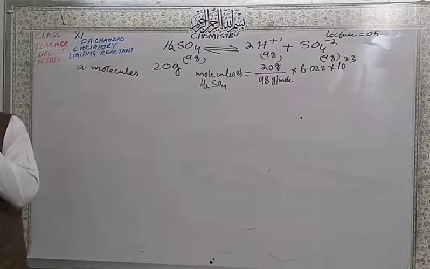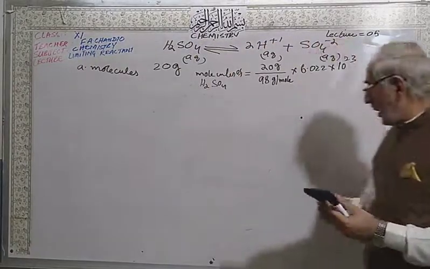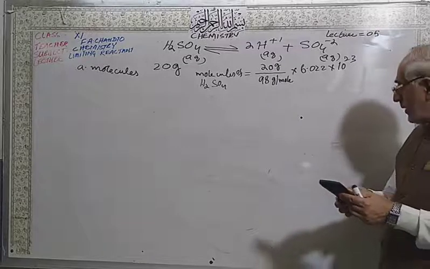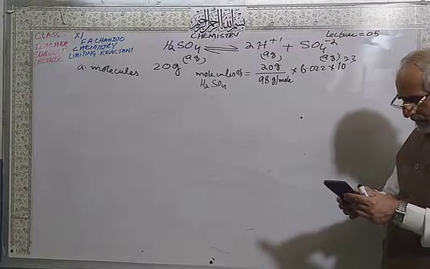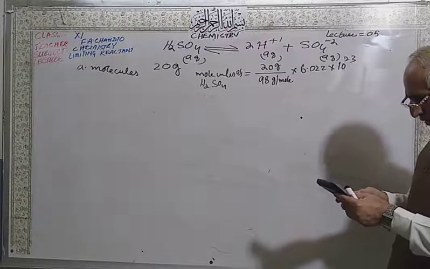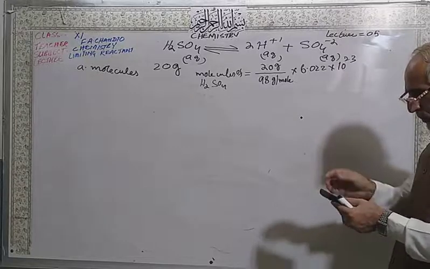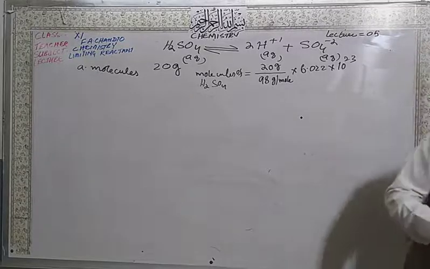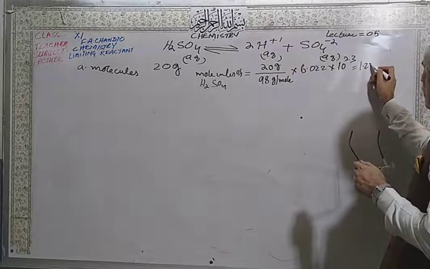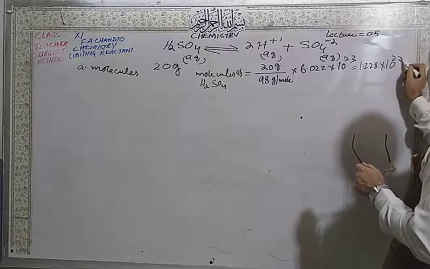Please take out the calculator and calculate yourself also. 20 divided by 98 multiplied by 6.022. So this will be 1.228 into 10 raised to power 23.